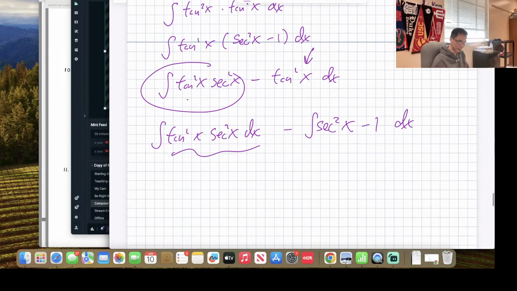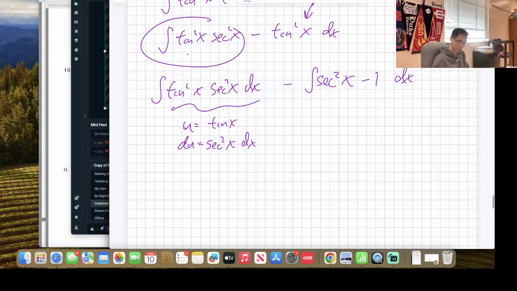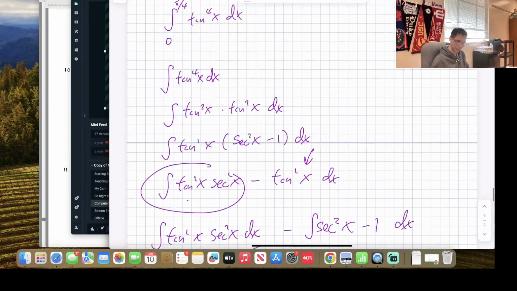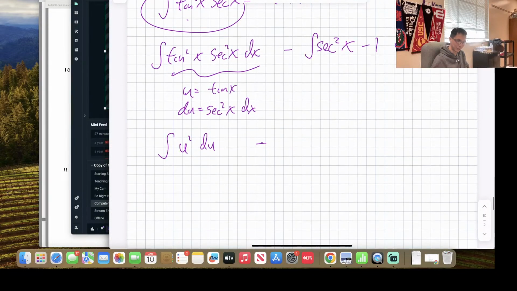So in this particular part, u is equal to tan of x. du is equal to secant squared of x dx, right? Yeah, that makes sense. So that's going to be the integration of u squared du minus, oops, my bad, minus the integration of secant squared of x, which is tan of x, plus x plus c.